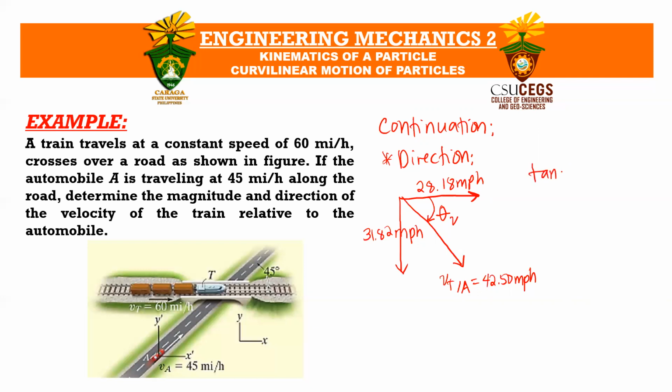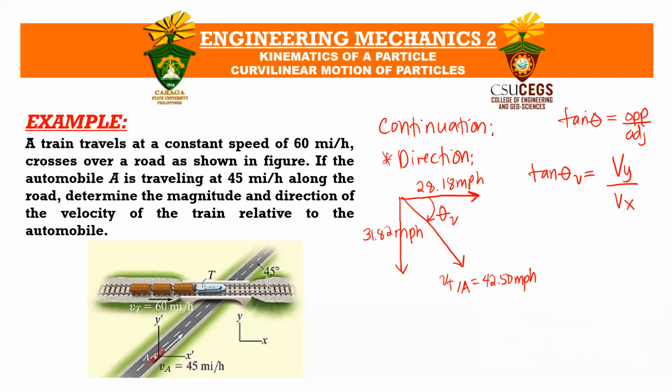So tangent theta v is equal to opposite over the adjacent, because tangent of any angle is equal to the opposite over the adjacent. The opposite of your angle theta v is your y component, so that will be v sub y. And the adjacent side is the x component, which is represented by v sub x.